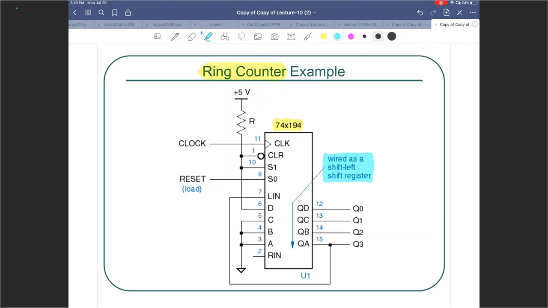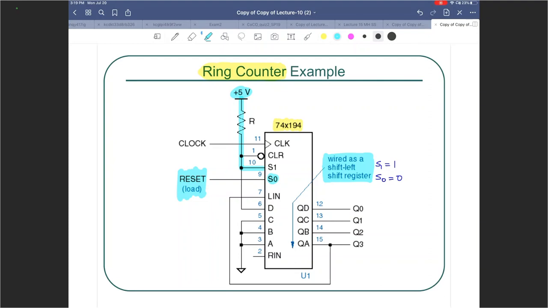So S1 is 1 and S0 is 0. We have already taken care of the 1: we have hardwired S1 to +5. S0, we have connected to a signal called reset or load. We use this to do a parallel load initially, and then we make it 0 so that it does a left shift operation.